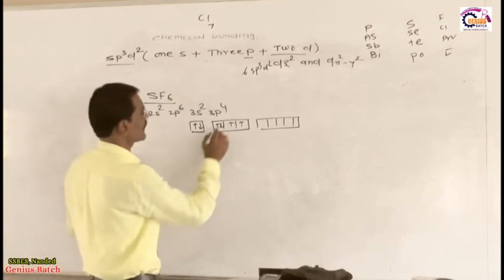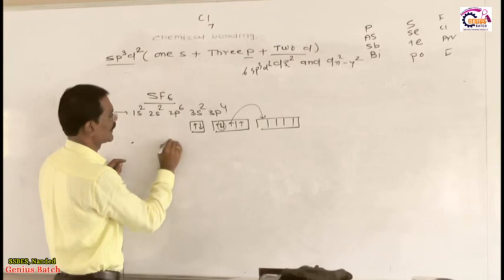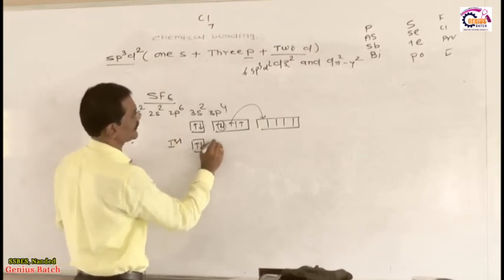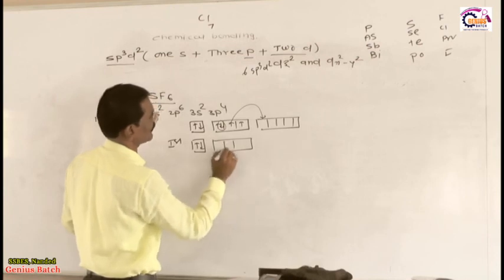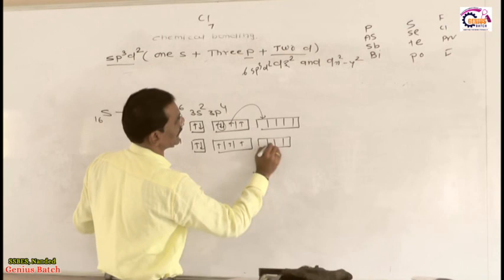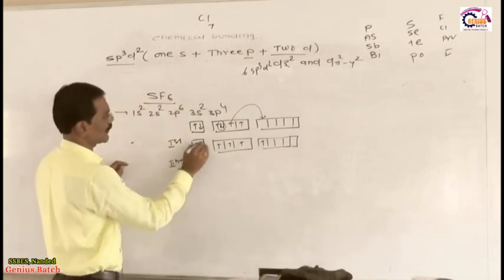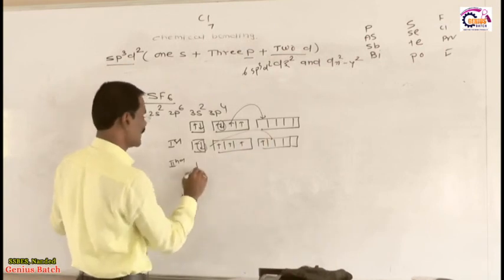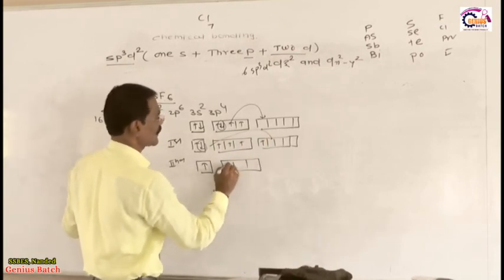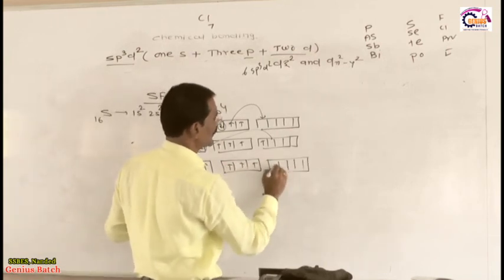But what happens in excitation? An electron is excited into the empty state. In the first excited state, this becomes 2 electrons, this becomes 3 electrons, and finally 1 electron enters the d orbital. But in the second excited state, one more electron of s enters the empty d, and finally in the second excited state all these electrons become unpaired, with 2 unpaired electrons in the d orbital.